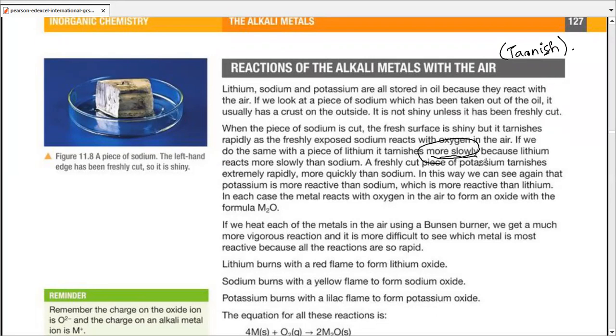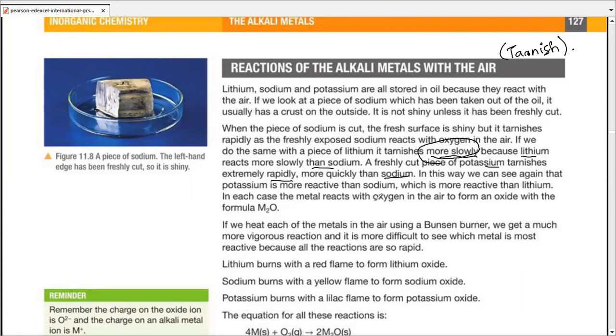We're talking about the same reaction, but how soon or how slowly the reaction happens is the difference between these metals in the same group. So lithium reacts more slowly than sodium. A freshly cut piece of potassium tarnishes extremely rapidly, more quickly than sodium. In this way, we can see how they are going to react.